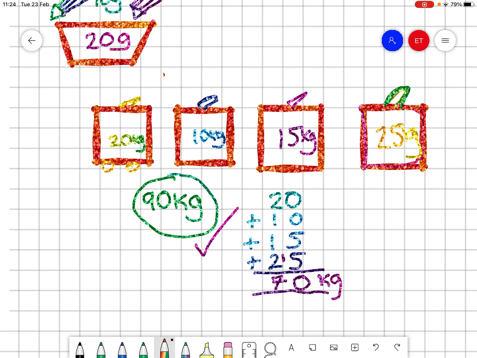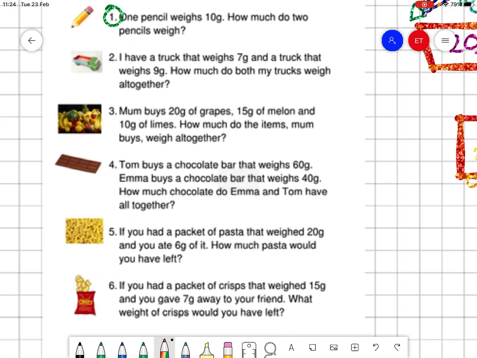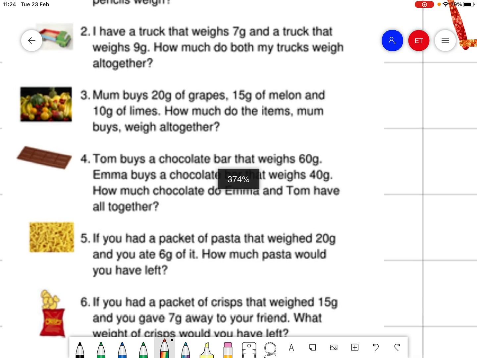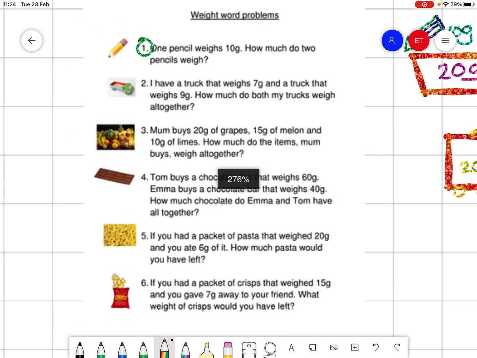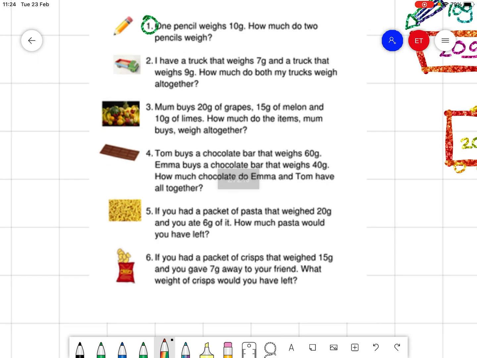Okay, so there's a slightly more real life example of how you could use word problems in real life. Let's have a look at another one. I'm going to choose number 5. If you had a packet of pasta that weighed 20 grams and you ate 6 grams of it, how much pasta would you have left?